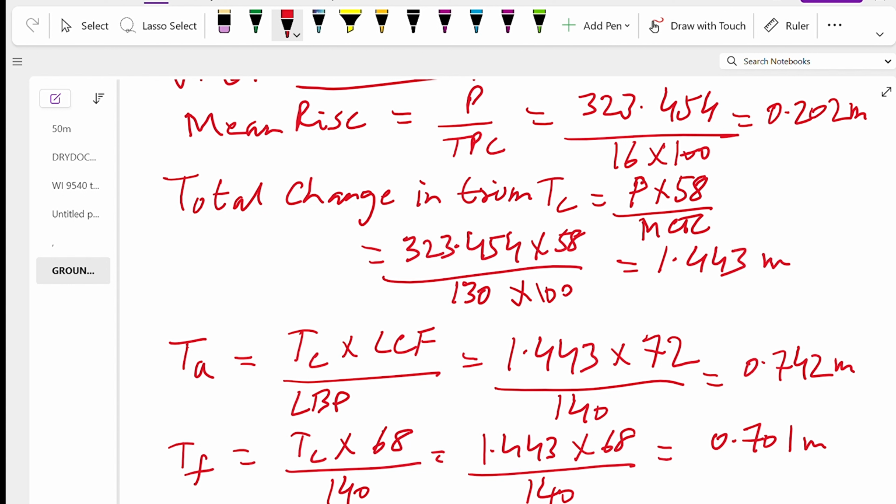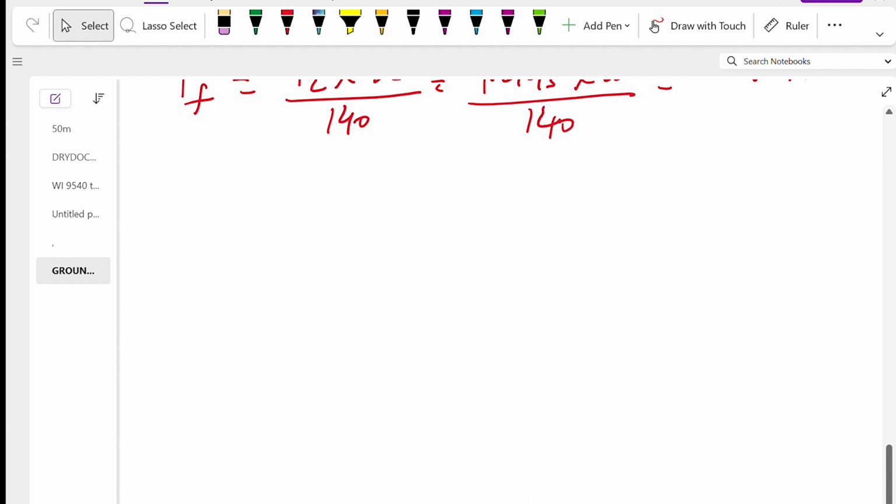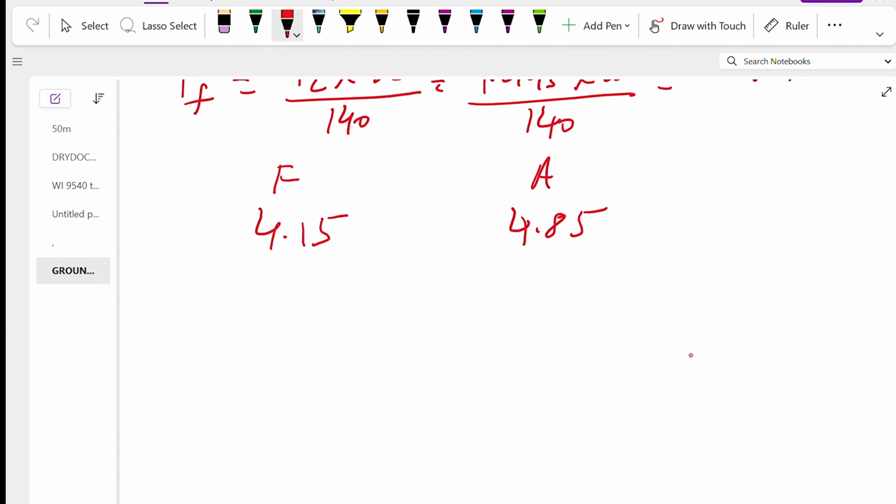So now we will apply this to the individual drafts. We write forward, aft. Drafts were 4.15 and 4.85. So first of all, we had mean rise.